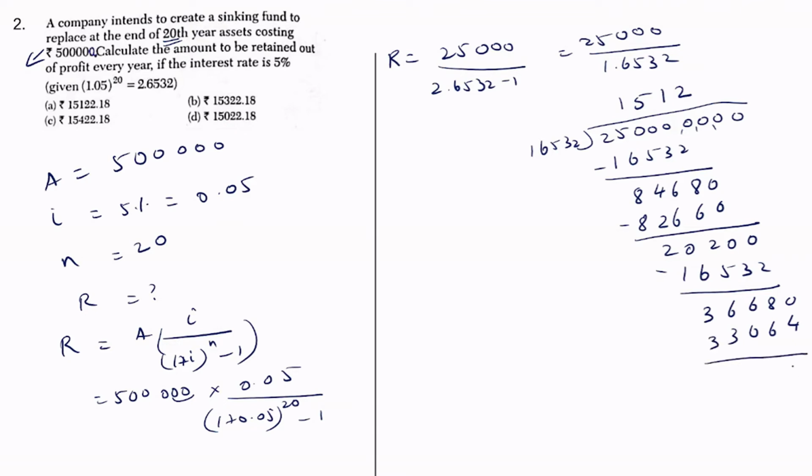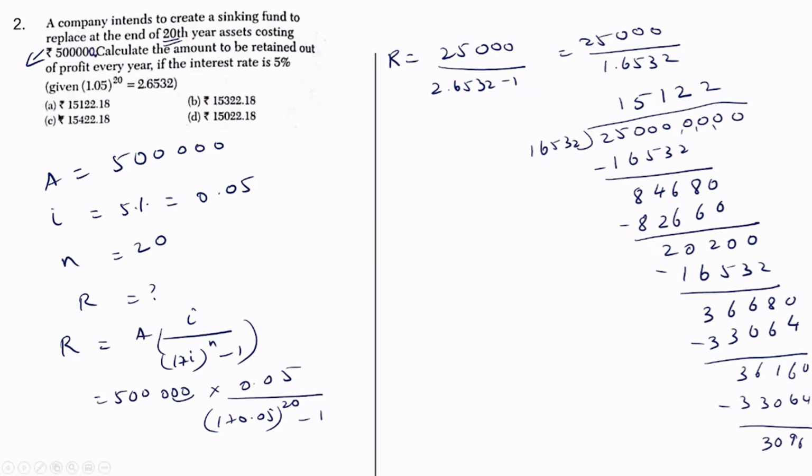So this when we subtract, we get 3616. Let us bring the last 0 here. So again we can use 2. We get 33064. Again this when we subtract, we get 3096 and so on.